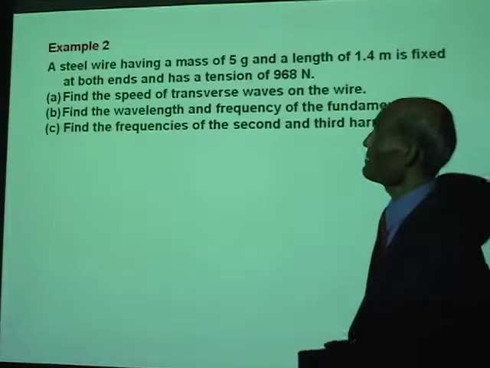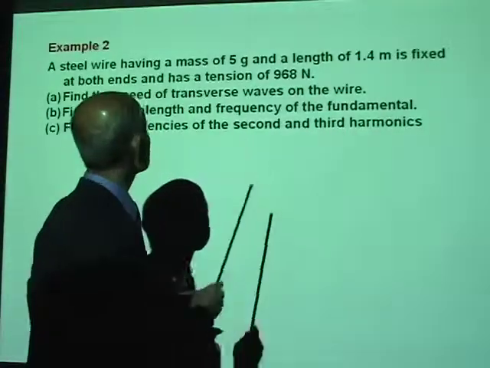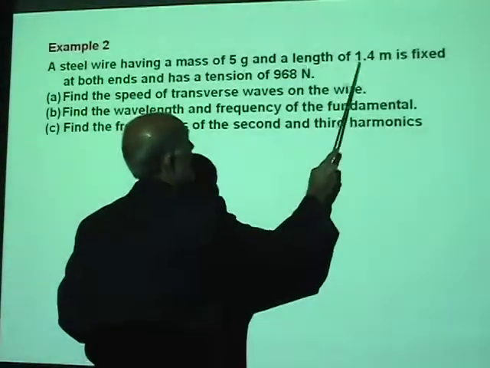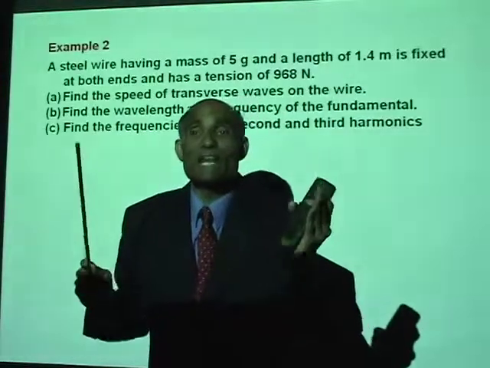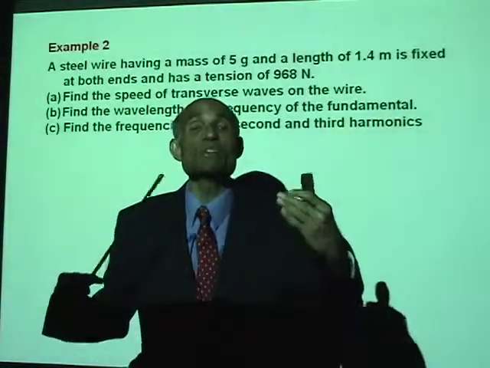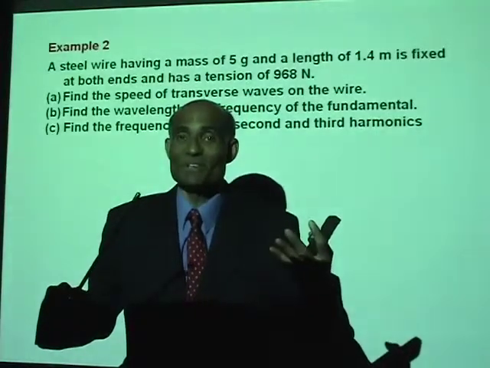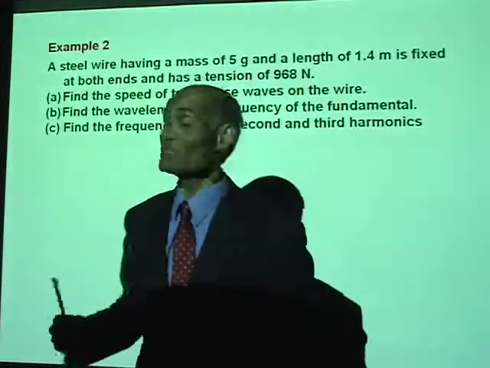Okay, let's do another one. A steel wire having a mass of 5 grams and a length of 1.4 meter. I've given you the length of the string, I gave you the mass. What can you calculate from those two? You can calculate the mass per unit length, mu, is that right?